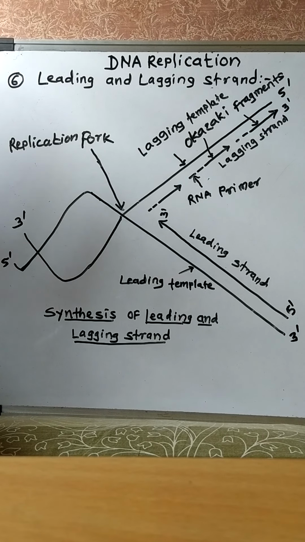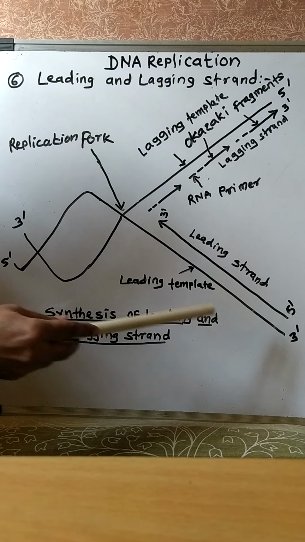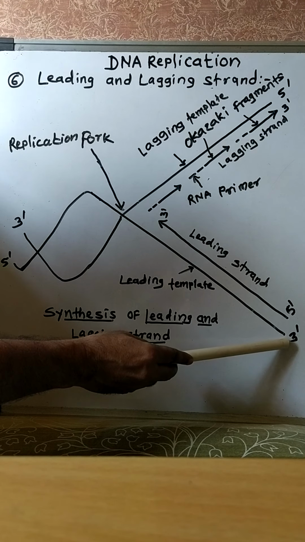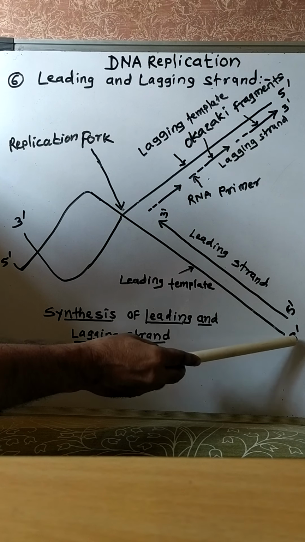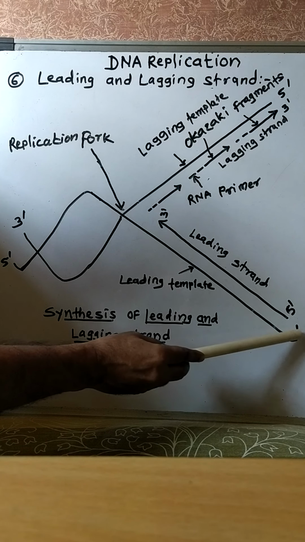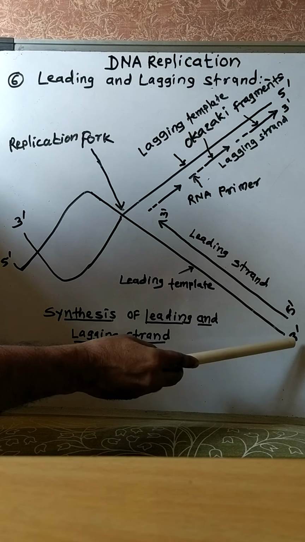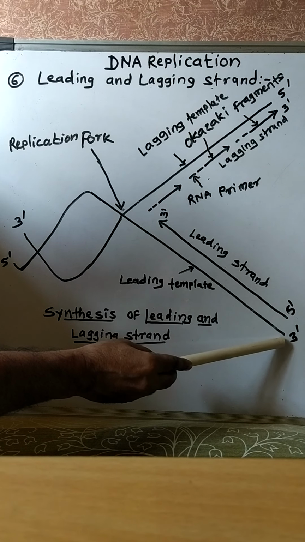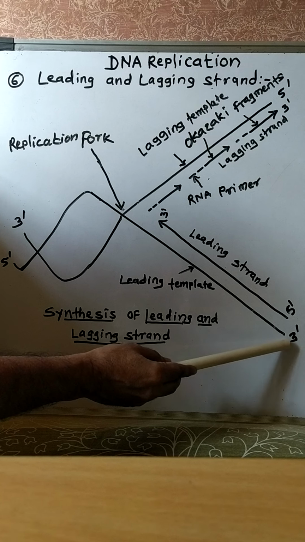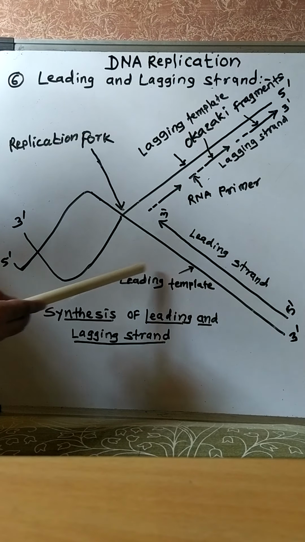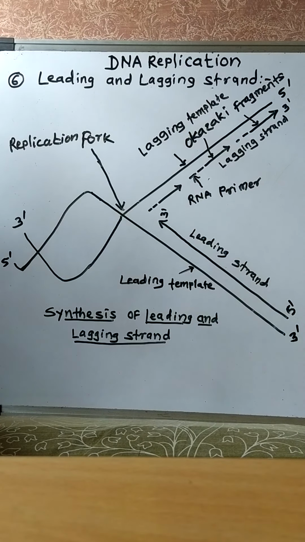The template strand showing the free 3' end, that means the phosphate is attached to the third carbon, that's why it is called a 3' end. The template showing the free 3' end is known as the leading template.